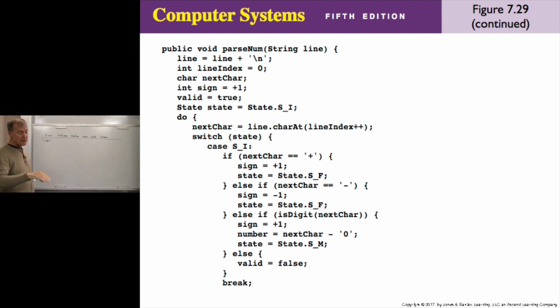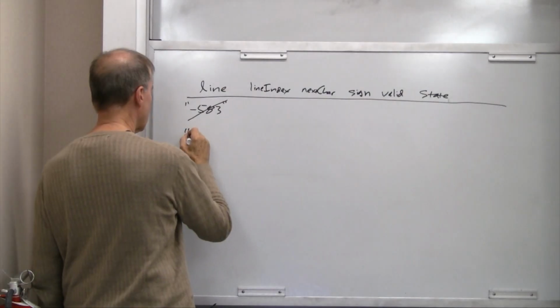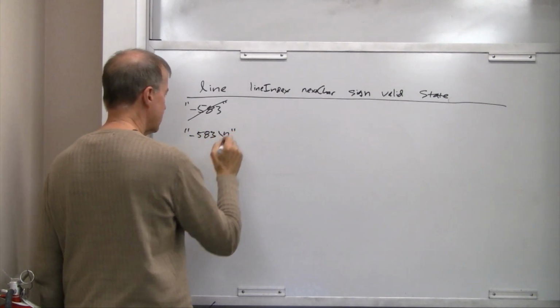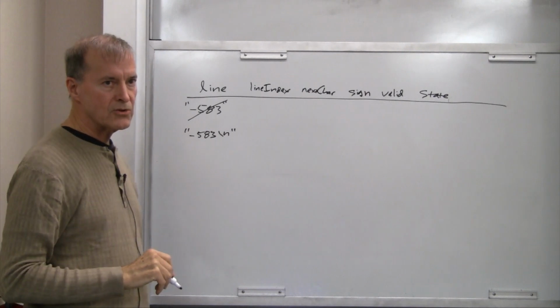Now what does the first statement do? Line gets line plus a newline. That plus is string concatenation. Does everybody see that the first statement changes minus 583 to quote, minus 583 backslash n? It concatenates the newline character at the end.